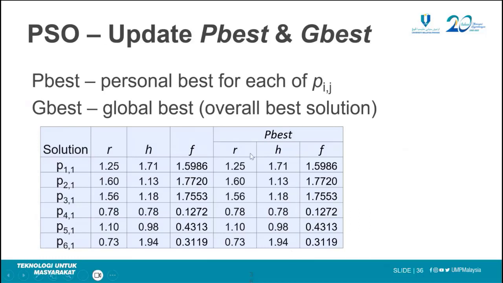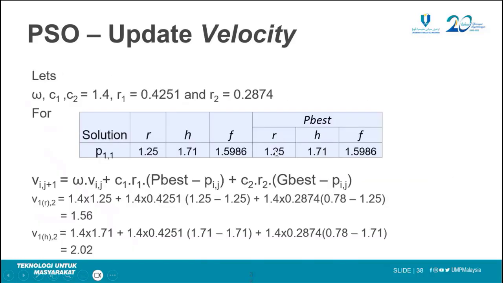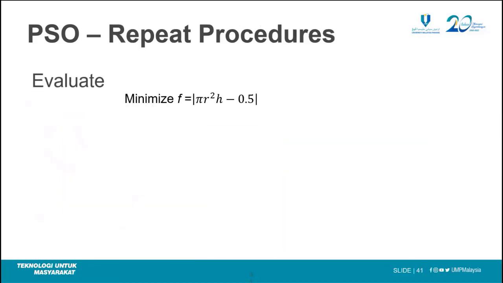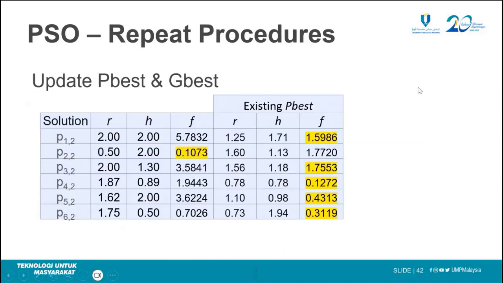This is the P-best for the first iteration. So the existing, or historical, P-best will be forwarded to this one, and it will compare the new fitness value with the existing personal best.